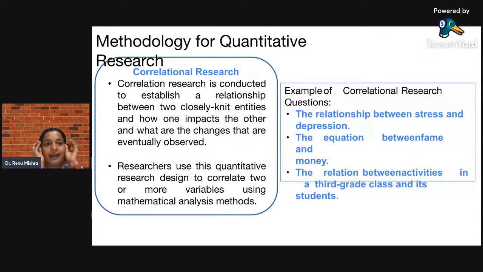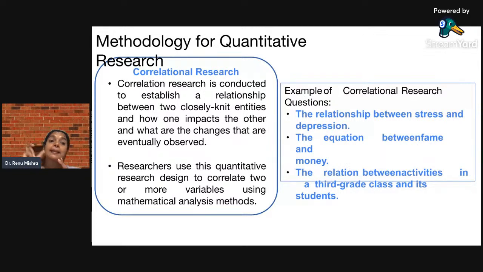Just try to grasp this point through the terminology itself. There is a third kind of variable called the extraneous variable. This kind of variable is not in the control of the researcher. You are studying the dependent and independent variables. An extraneous variable is something which occurs during the research and you can't control it.